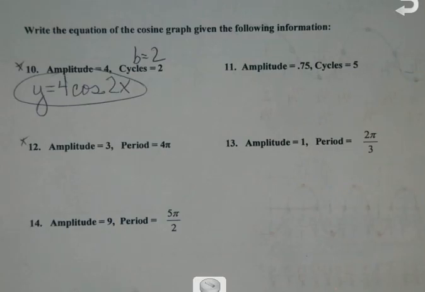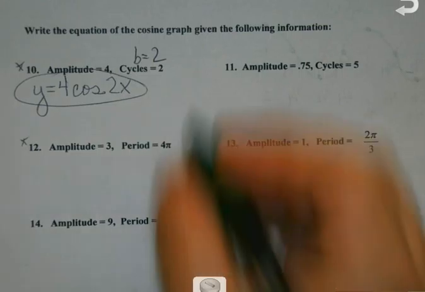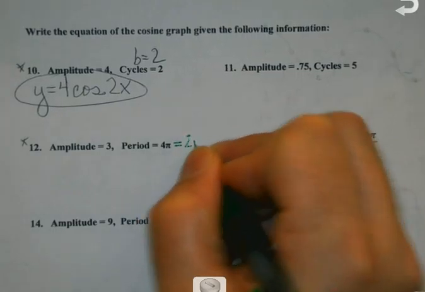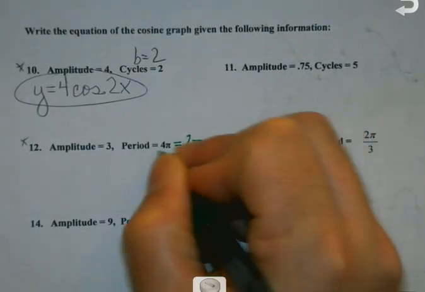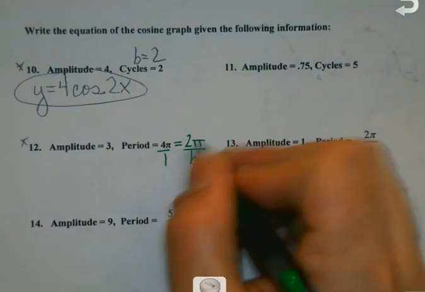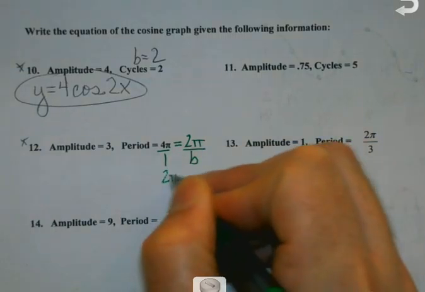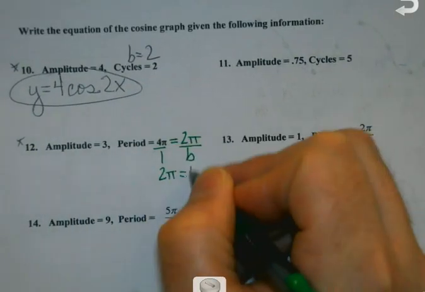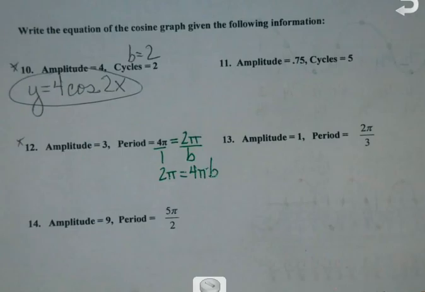No. Silly people. So, last one I'm going to do is going to be 12. So this time, I'm not quite as nice. I give you the period. Now, to get the number of cycles, to get my b value, remember, we set that equal to my period expression, which is 2 pi over b. And I take my proportion and I cross multiply. So 2 pi times 1 is 2 pi, equals 4 pi b.